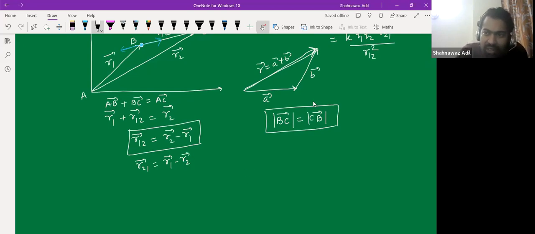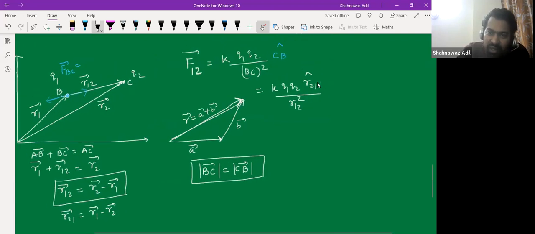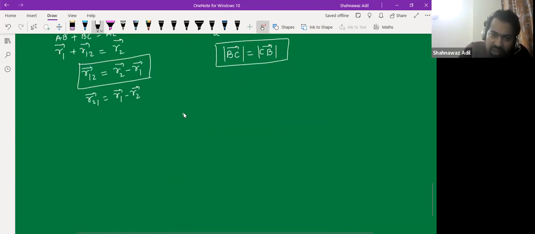So I can write F12 as K Q1 Q2 over the magnitude of R1 minus R2 squared, times the R21 hat, which is the vector R1 minus R2 divided by its magnitude.